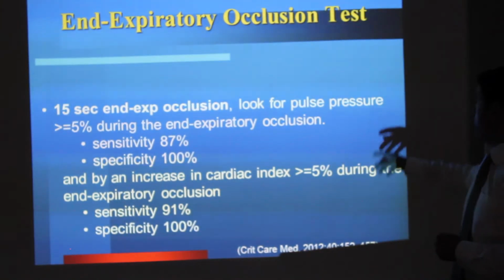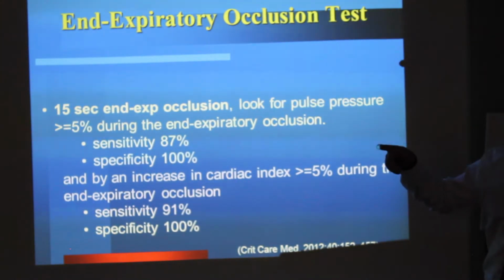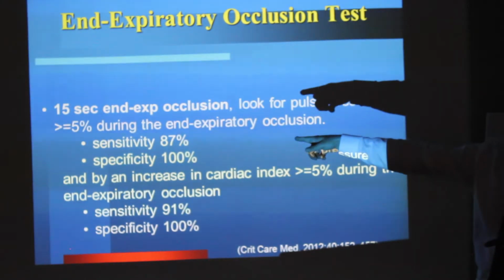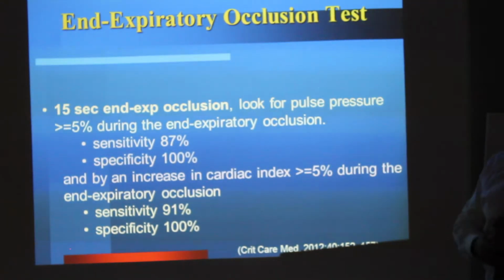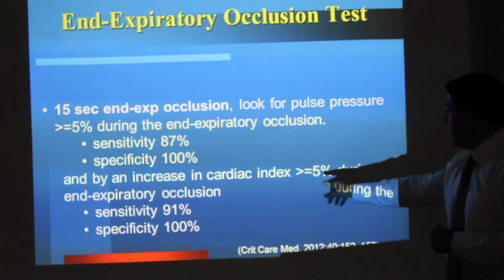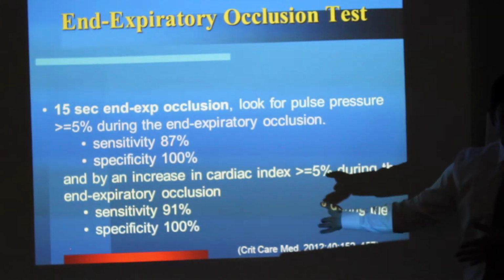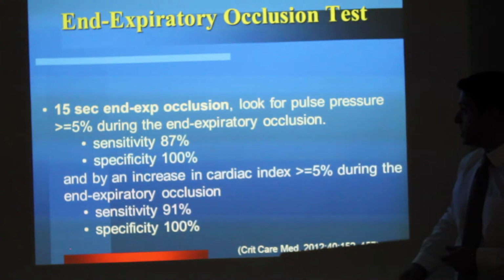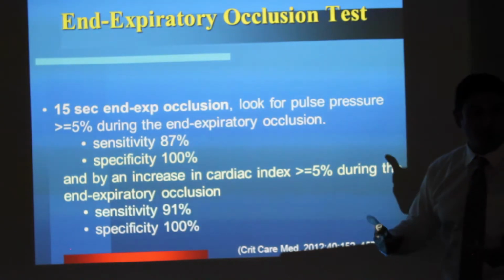You have to look at the pulse pressure variation, and any increase by more than 5% indicates volume responsiveness. If the cardiac index, and the FloTrac will give you also cardiac index, goes up by more than 5%, it also indicates volume responsiveness.